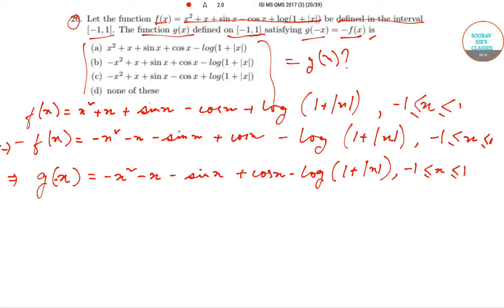Now if we replace and put minus x over here, then also the value of minus x will lie between -1 and 1.